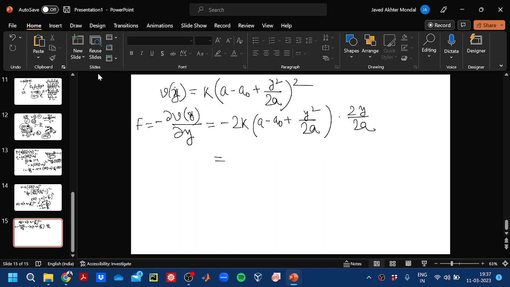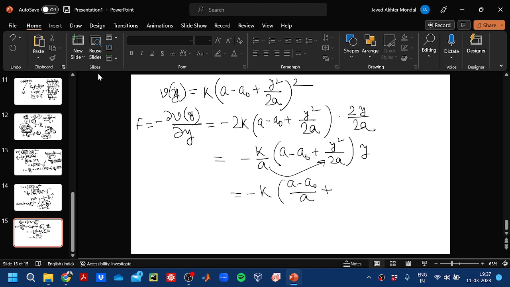So basically we will get minus k by a into a minus a0 plus y square by 2a, into y. Now this a term we can plug back inside. So it will be minus k into (a minus a0) by a plus y square by 2a square, into y.